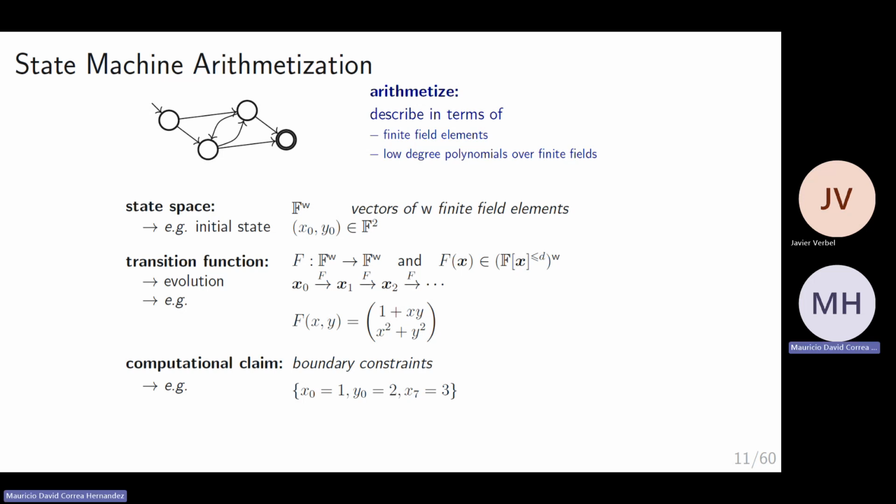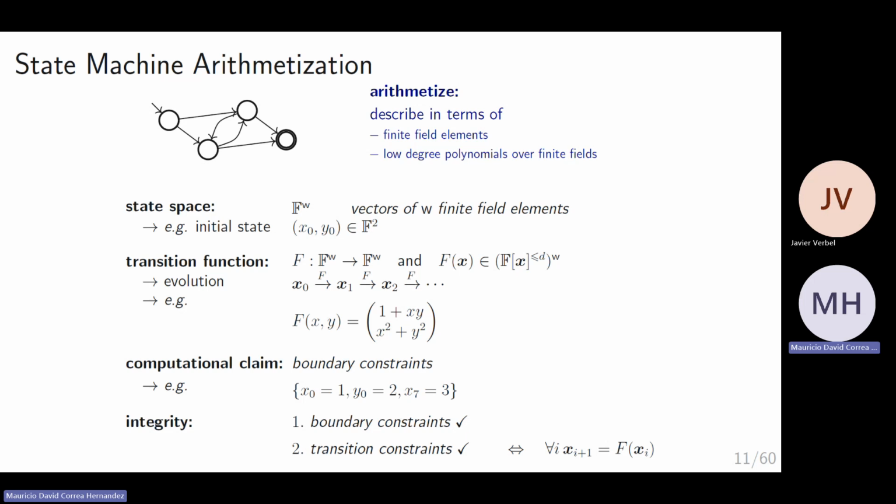That gives rise to a computational claim, which might be true or false. And this particular computational claim just so happens to be false. But it doesn't matter because the point of this example is to get across how you would go about defining a claim in a way that's compatible with the mathematics that we need for STARKs to work.